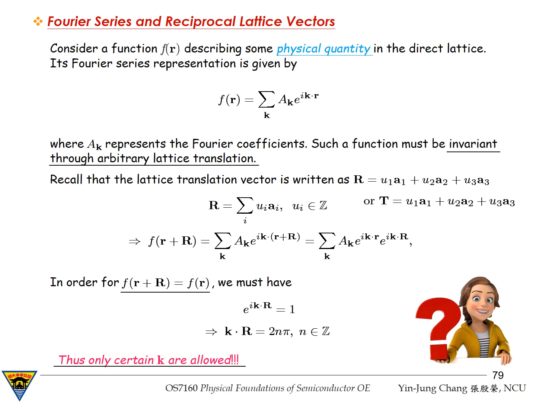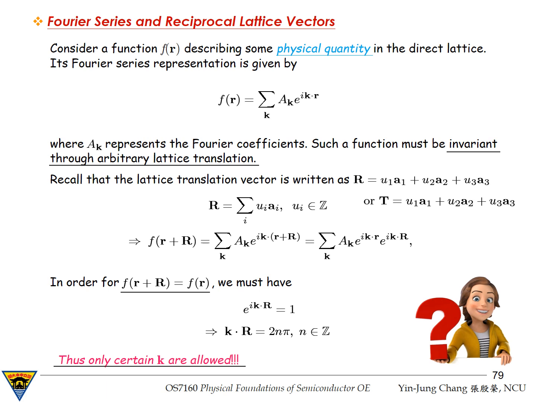For this translated function to equal the original function f(r) for arbitrary position vector r, the factor e^(ik·R) must be equal to 1. So the allowed wave vectors must satisfy e^(ik·R)=1, or equivalently, k·R equals an integral multiple of 2π.